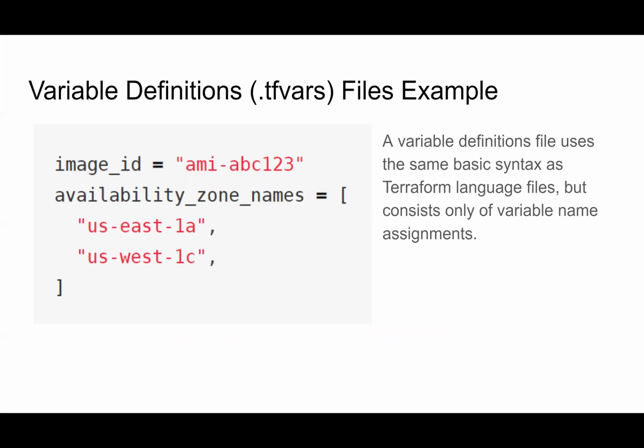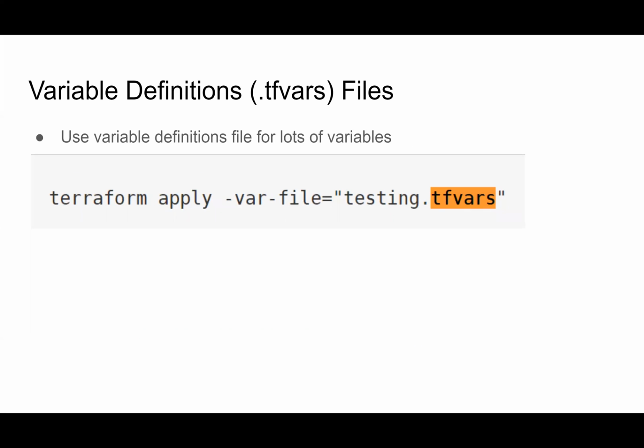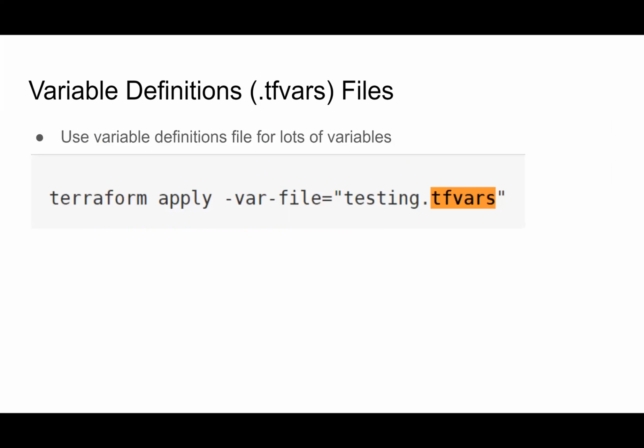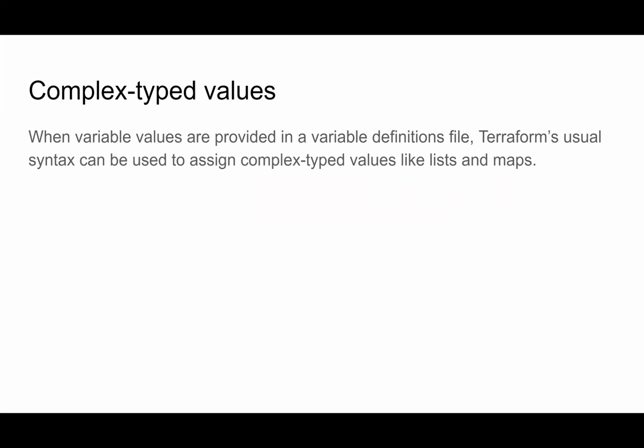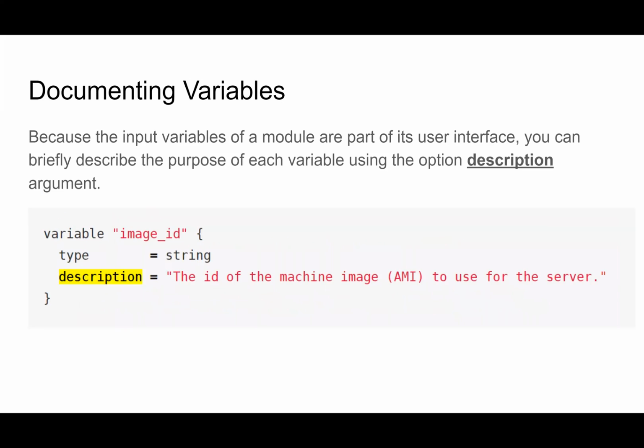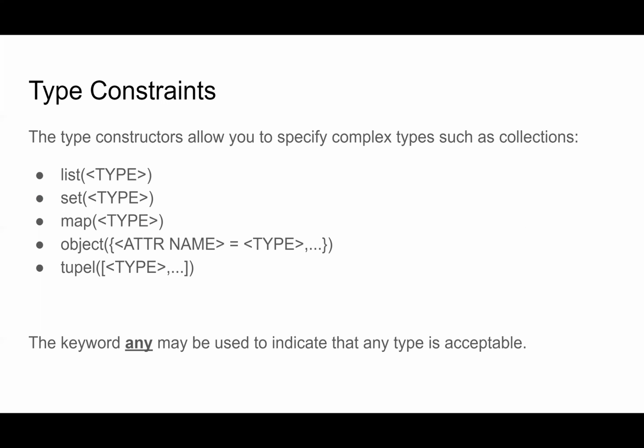It's the same thing that we're doing here, image_id = ami-abc123. When variable values are provided in a variable definitions file, Terraform's usual syntax can be used to assign complex type values like lists and maps. We saw that here.